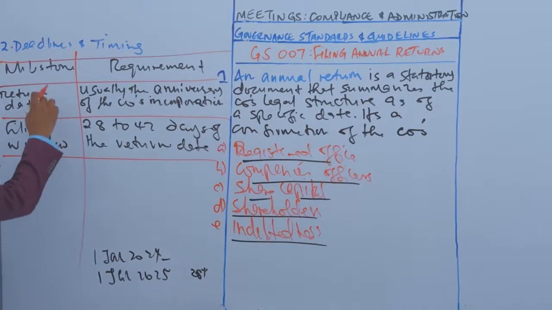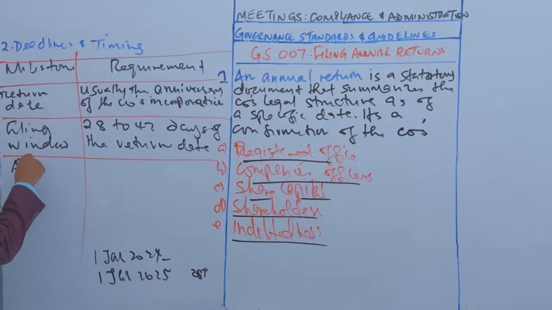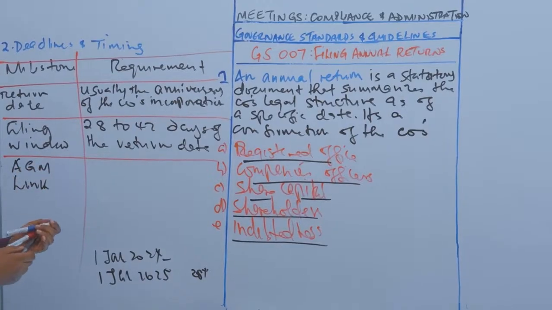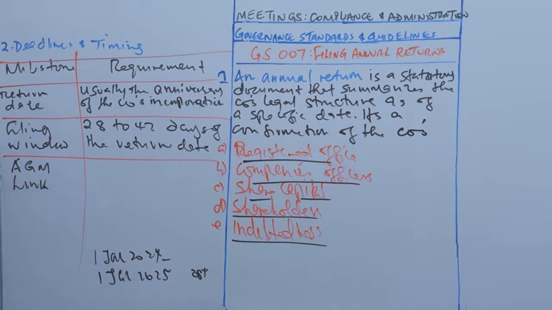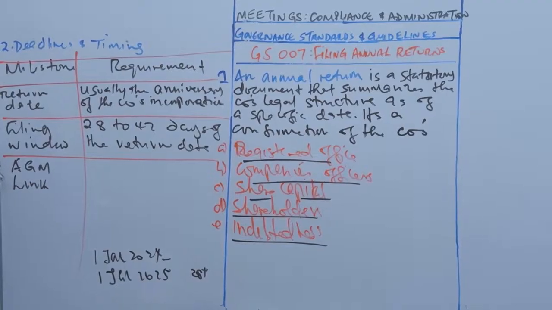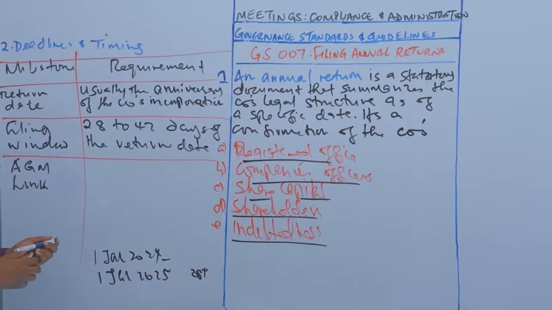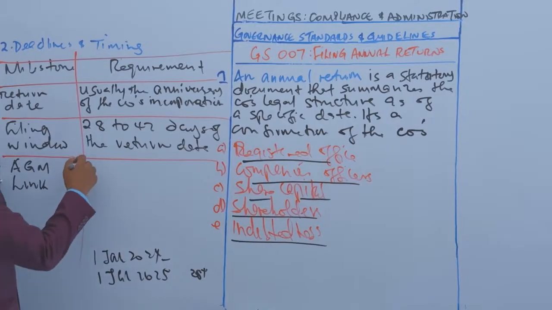Then another milestone is the AGM link. In many jurisdictions, the return is made up to a date shortly after the annual general meeting. That is General Standard number 001, annual general meeting.